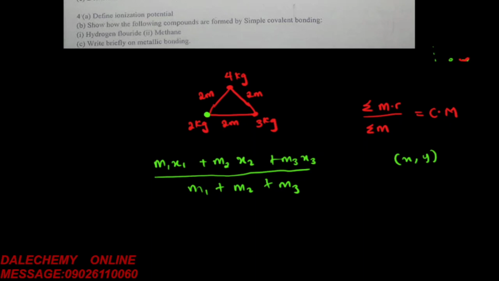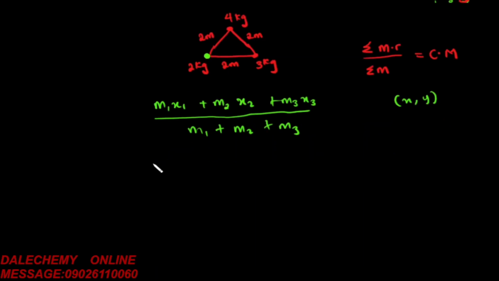So in this case, for the first mass, which is 2 kilogram, times its distance in x-axis will be 0 because it is actually at the origin. So along the x-axis, it is not at a particular distance from the origin, so it is 0. Then plus m2, which is 3 kg. That will be 3 times its distance from the origin is 2 meter. Then plus m3, which is 4 kg.